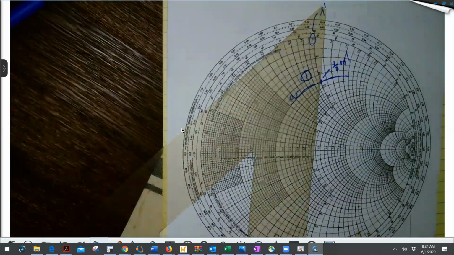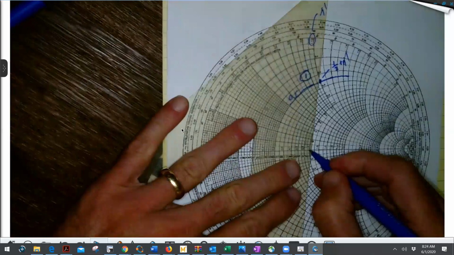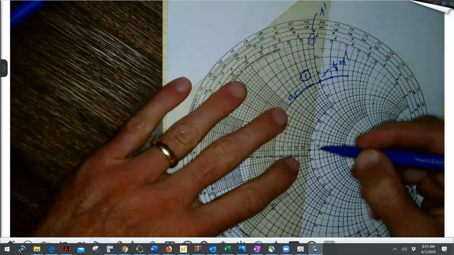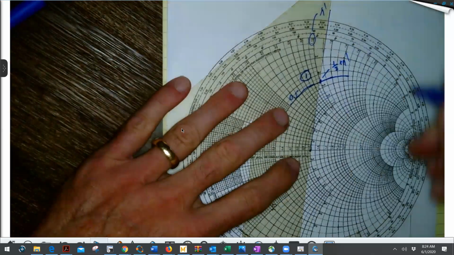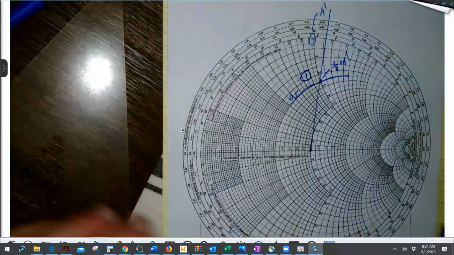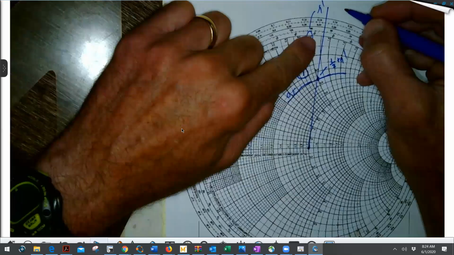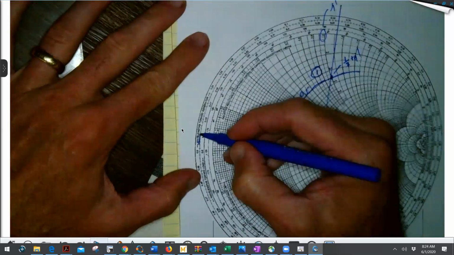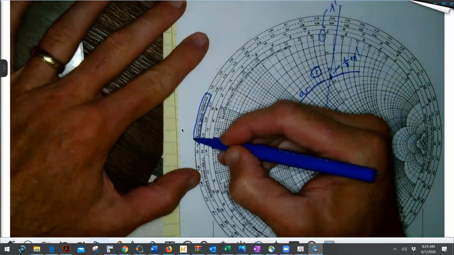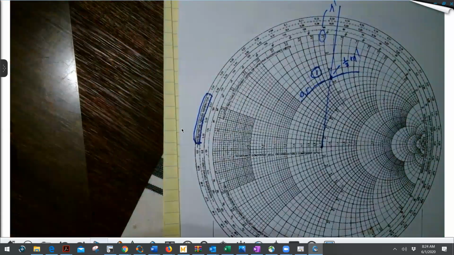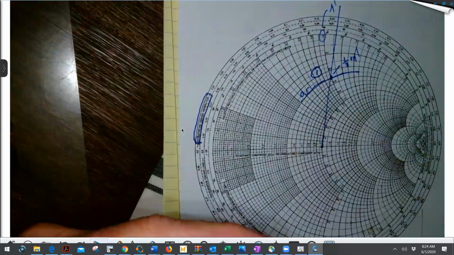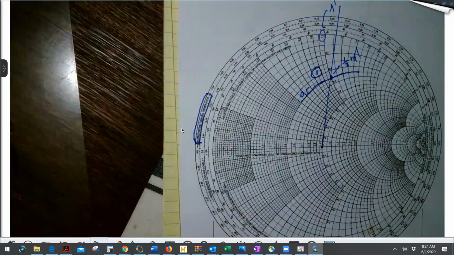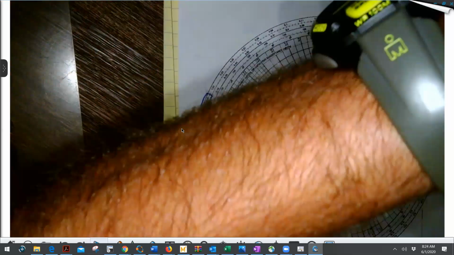I'm using a blue pen for this, and draw a line through that point. Normally you'd use a finer tip pen or pencil. Then out here, where it says wavelengths towards generator, it's the outer rim, because we're at the load, so the only choice we have is moving towards the generator. Does everybody agree with that? You can't move anywhere else but towards the generator if you're at the load.